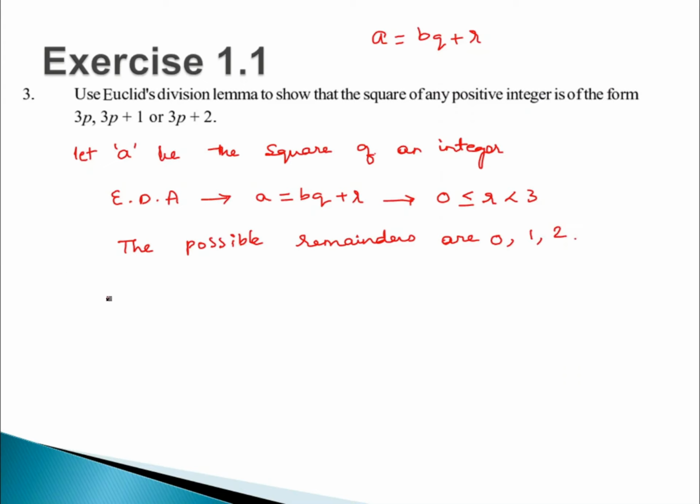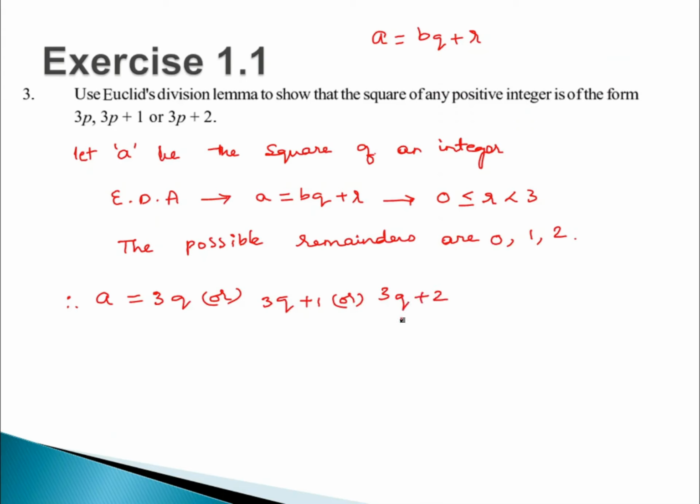Therefore I can write that A is equal to 3Q or 3Q plus 1 or 3Q plus 2.